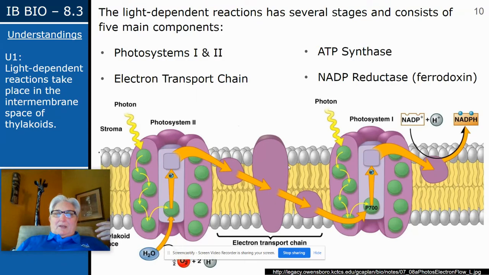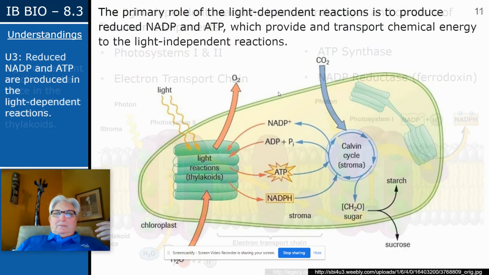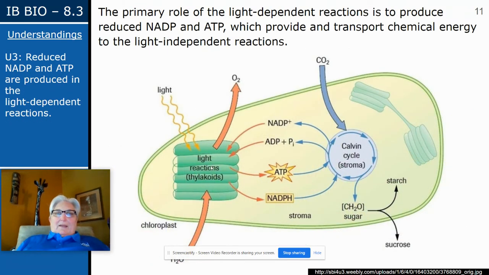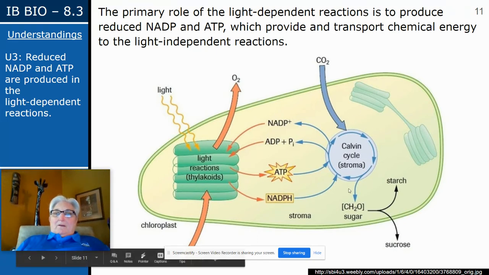And then here's our electron transport chain. Again, the light reactions are all taking place in the thylakoid. The light independent, or what is sometimes called the dark reactions, are taking place out here in the liquid portion of the chloroplast called the stroma.